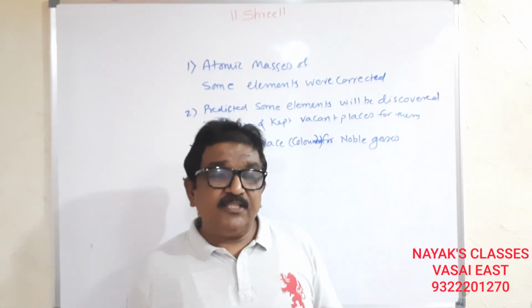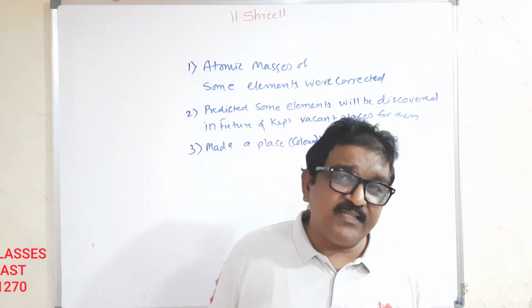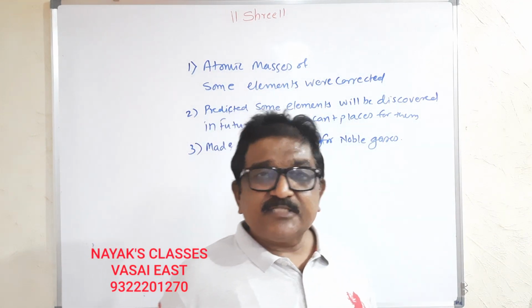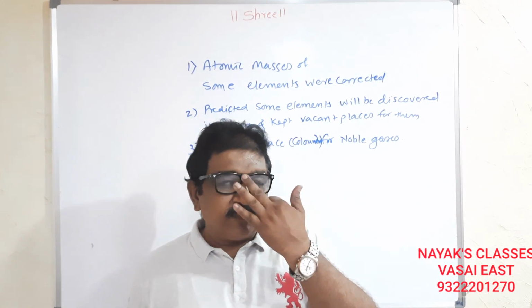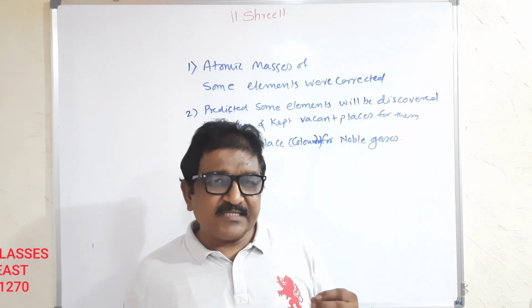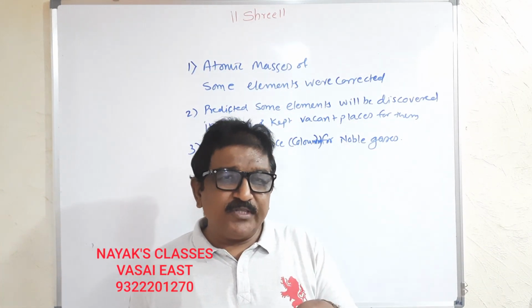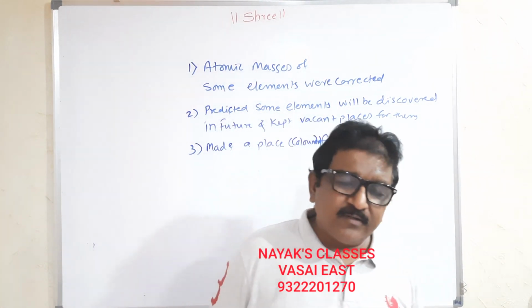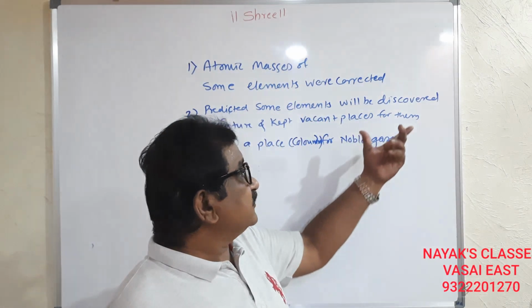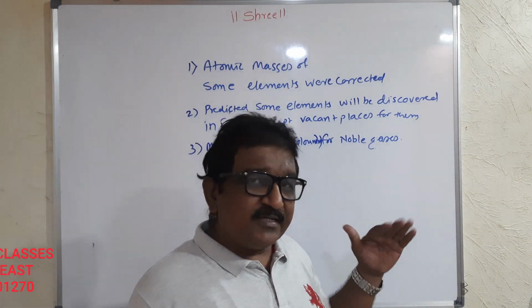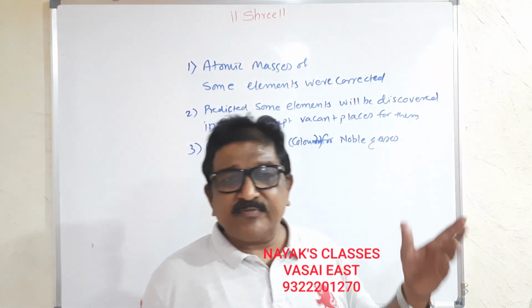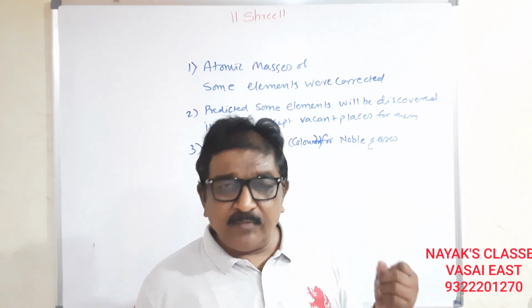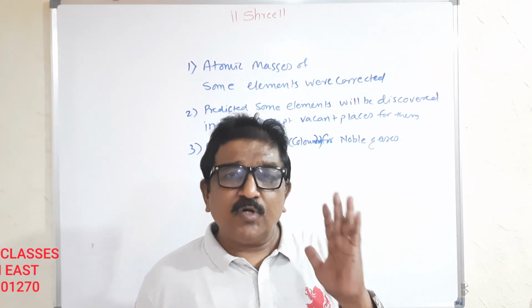So, in the third point, we have seen that noble gases were not discovered till then, but afterward they were discovered. So, where to put them? That was not a question. He arranged a separate column for them at the end of the periodic table, and all noble gases were arranged in that column, and the question was solved.